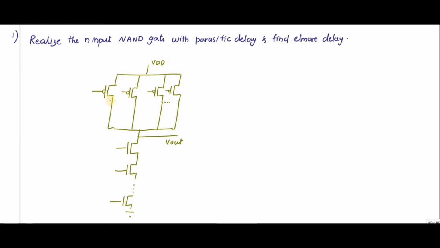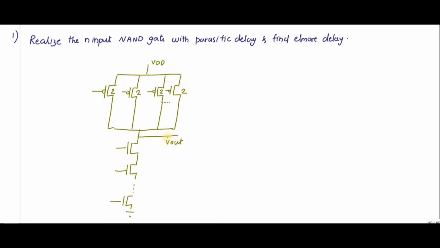Since the value of PMOS is 2, if I connect n PMOS in parallel, each of the transistors has the value 2.